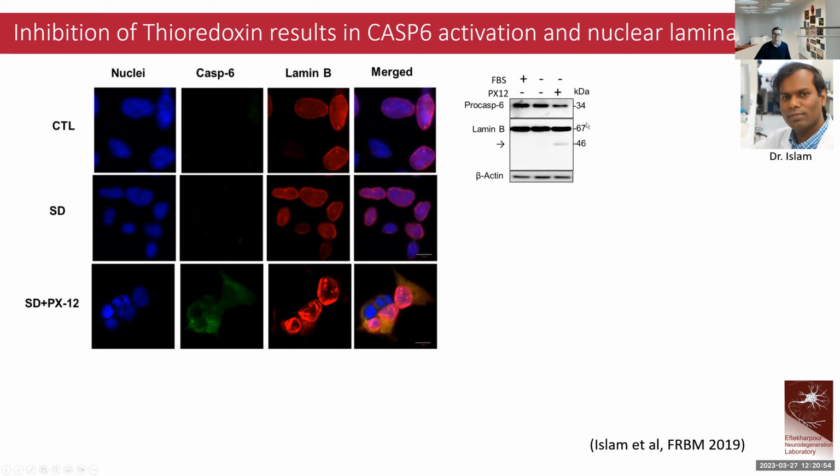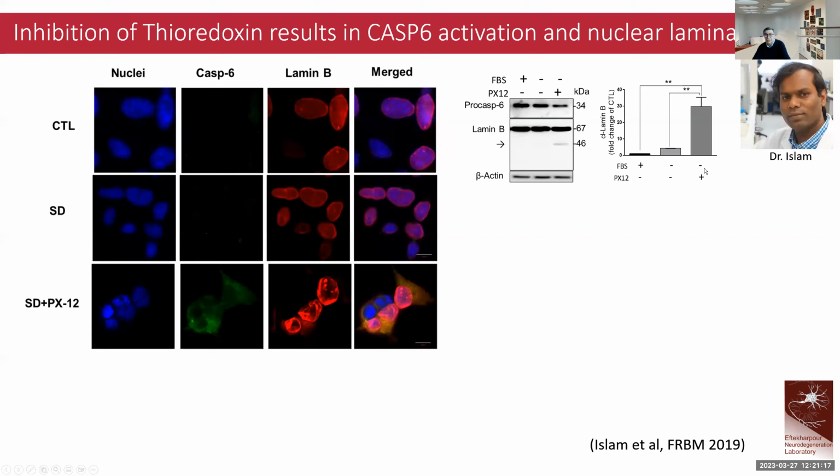My postdoc was working on nuclear lamina, so I was lucky that he knew what was going on, and it was just everything confirmatory. He ran a Western blot, and he observed a 46 kilodalton band. He said this is a signature for caspase-6. And then here we are quantifying this.